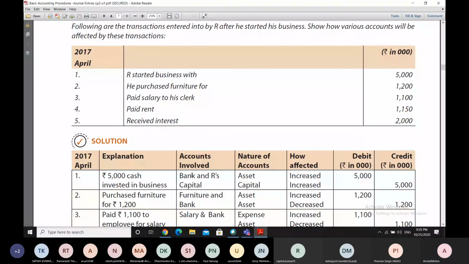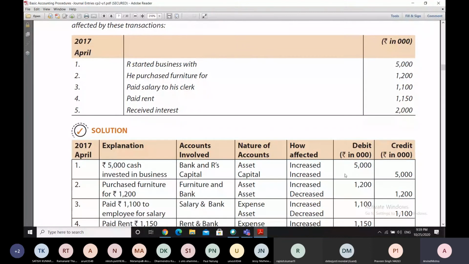The bank account is an asset account and the capital account is a capital account. So here the asset account is increased and the capital account is also increased by a similar amount, that is 5,000 rupees.